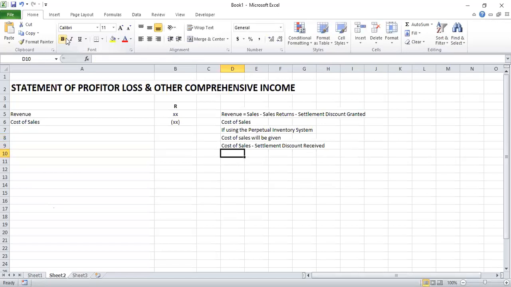So if you see the cost of sales given, then you know that the entity is applying the perpetual inventory system. Then if the periodic inventory system is in use, in this case, cost of sales will not be given.